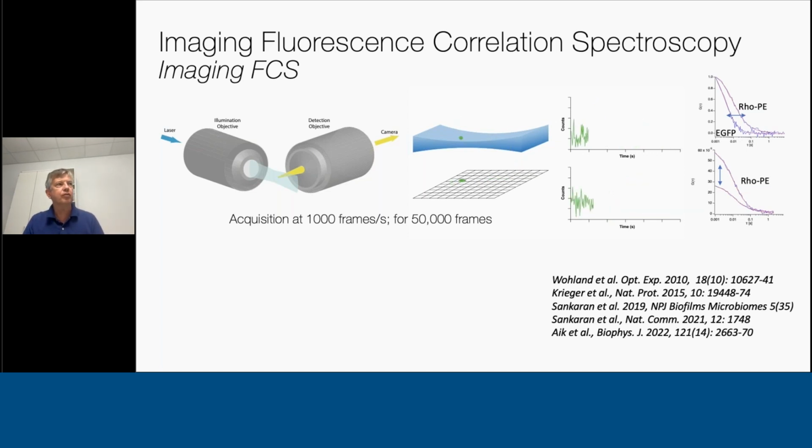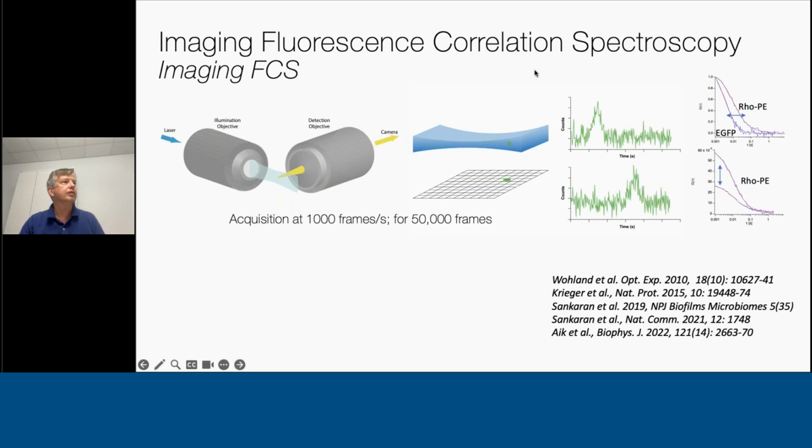There are 2 examples: EGFP, a green fluorescent protein in solution, and rhodamine PE, a lipid in supported lipid bilayers. Because lipid bilayers, membranes, are about 100 times as viscous as, for example, the cytoplasm, you see a nice shift of the correlation function to the right. So the wider the correlation function is, the longer a particle takes to go through a pixel. That means the slower it moves.